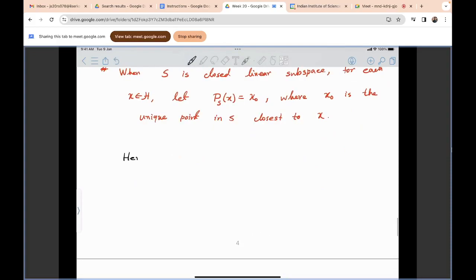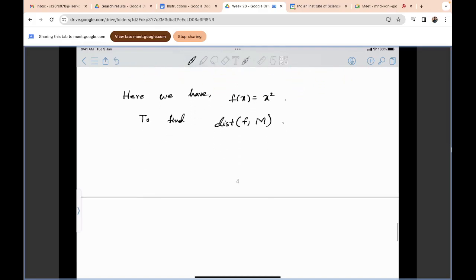So here we have f of x to be x square, and we have to find the distance between f and M.